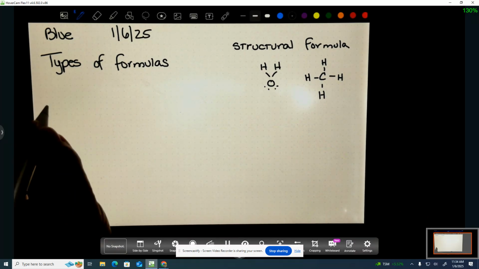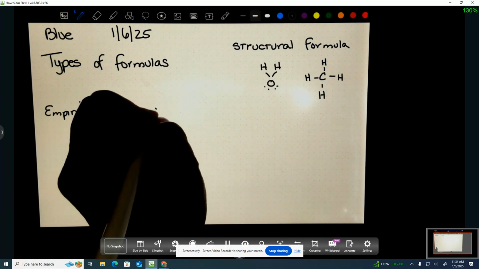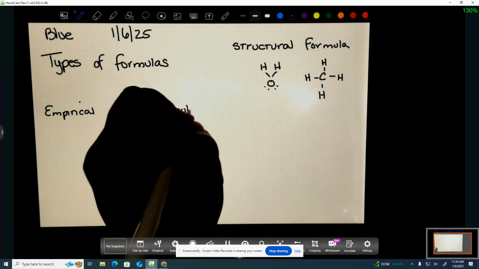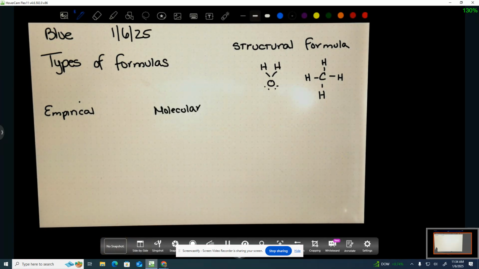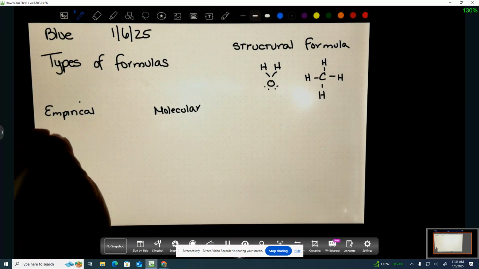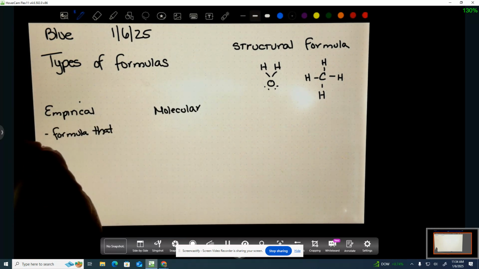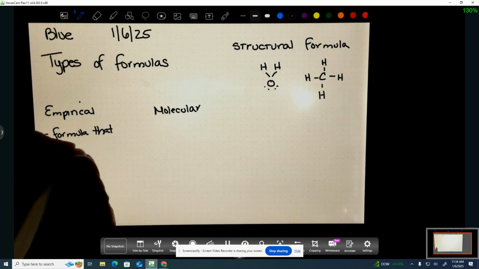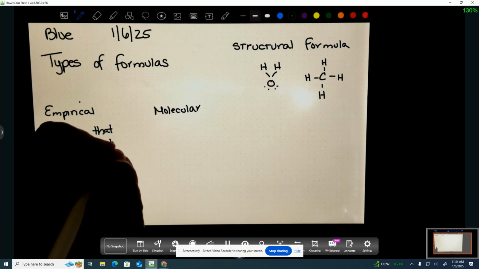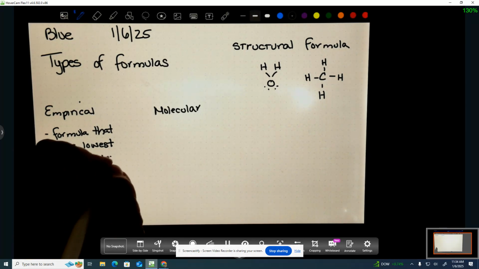And then we're going to talk about two different types of formulas today called empirical and molecular. The empirical formula is the formula that has the lowest whole number subscripts.